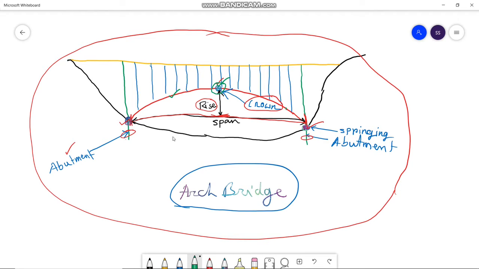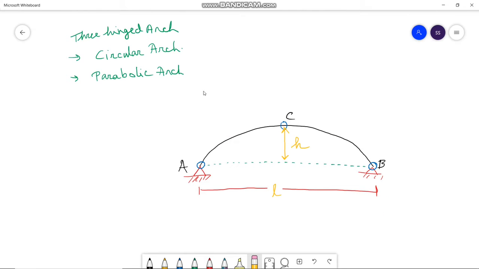The arch starts from here and ends here. So from here to here, the curved red drawing is the arch. In our current study, we will be analyzing the three-hinged arch.